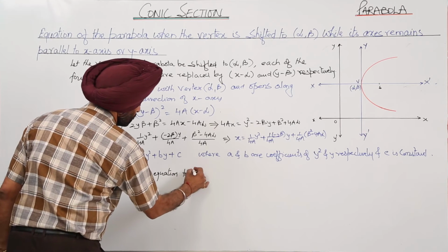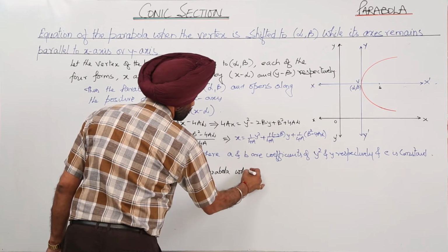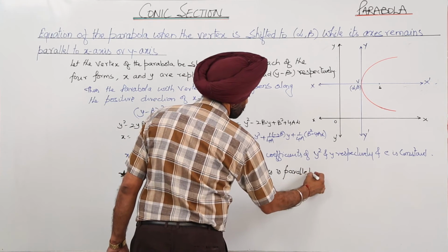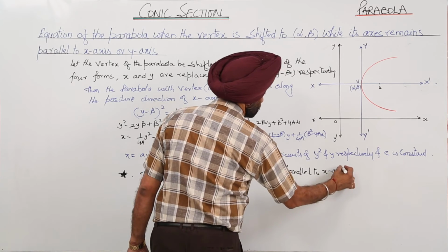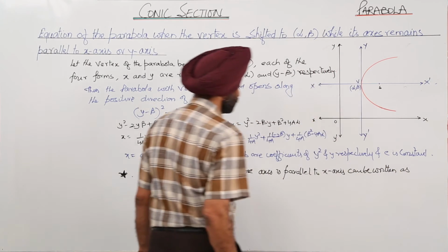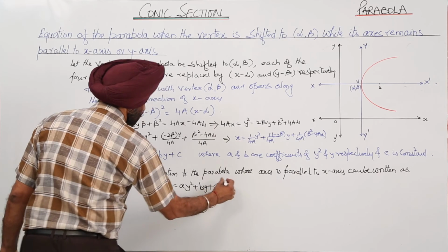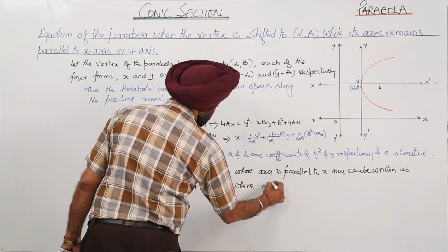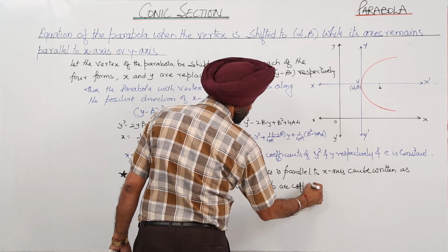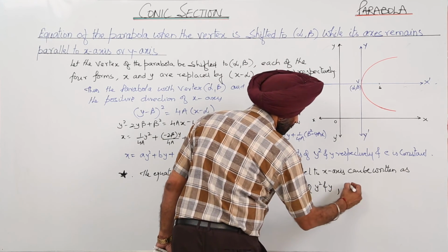The equation to the parabola whose axis is parallel to the x-axis can be written as x is equal to ay square plus by plus c, where a, b are coefficients of y square and y, and c is constant.